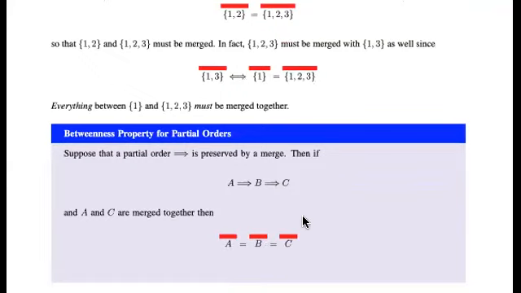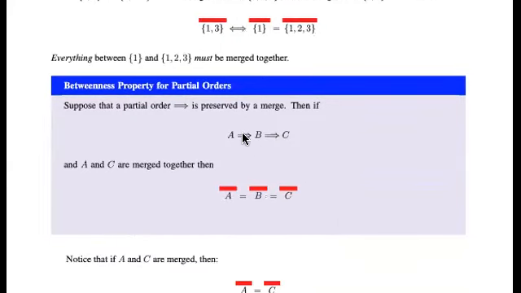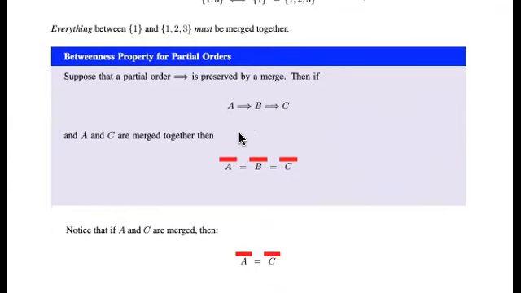All right, so here's a betweenness property for partial orders, which has to do with merges. Suppose that A and C themselves are merged together. Then in order for a partial ordering to be preserved, something else has to tag along in that merge in order for it to work.